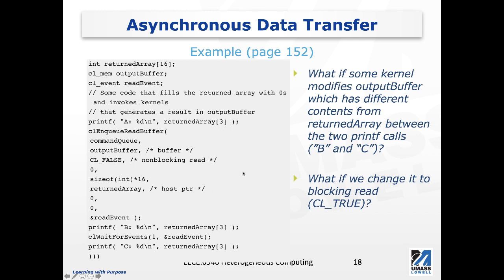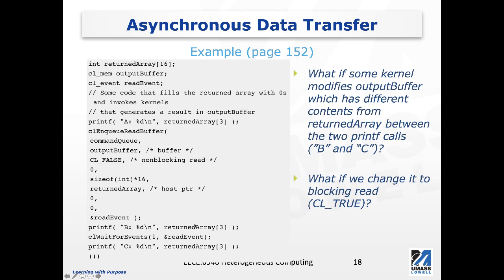So to help you understand this, let me ask you this question. What if some kernel modifies the output buffer, which has different contents from the return array, between the two printf calls? So this one here and here. In this case, as I explained, because right now we are doing a non-blocking read, the content in this return array at this point when we print B is nondeterministic.